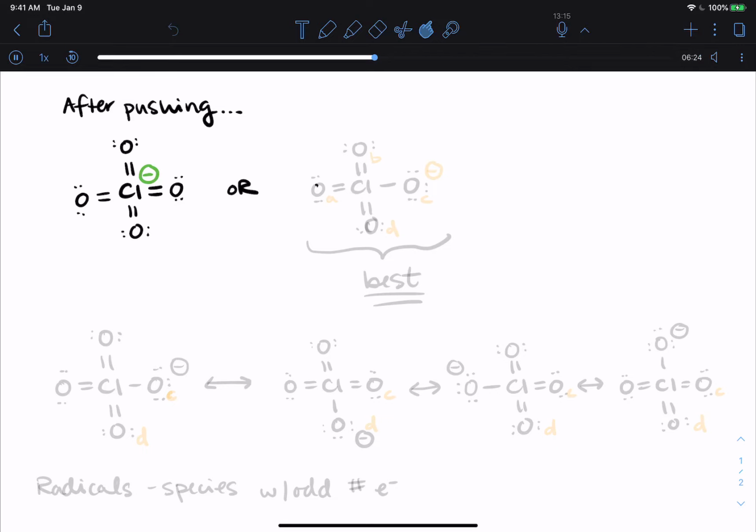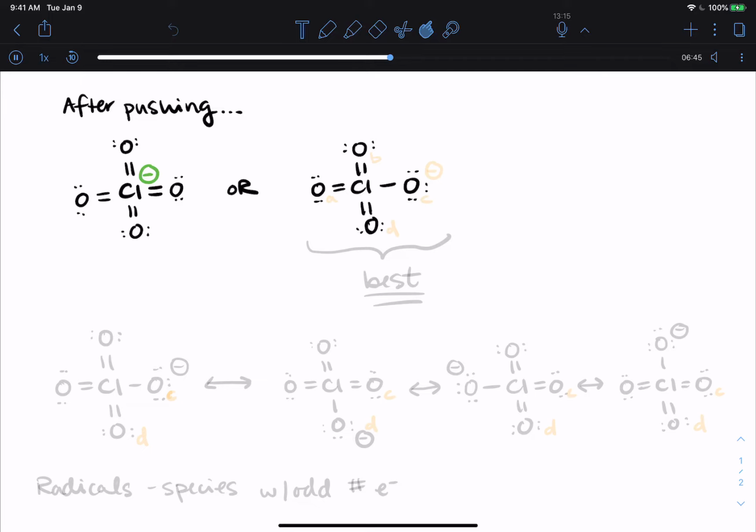Or your other option is to only push down 3 of these and leave 1 oxygen with a single bond. You should find, if you do this, I'll do this one in orange.